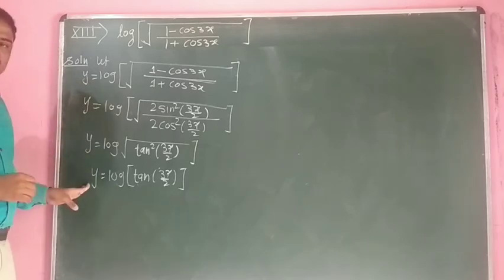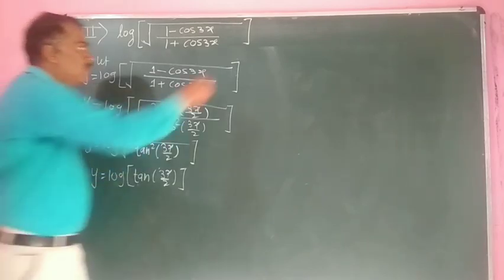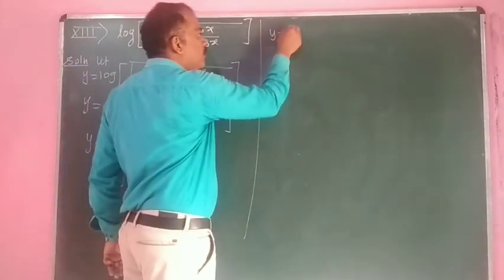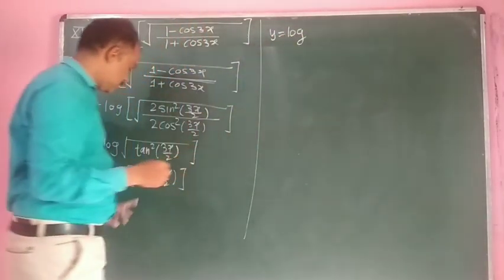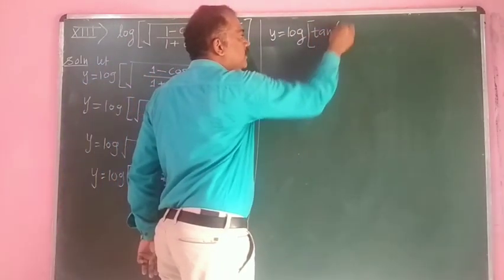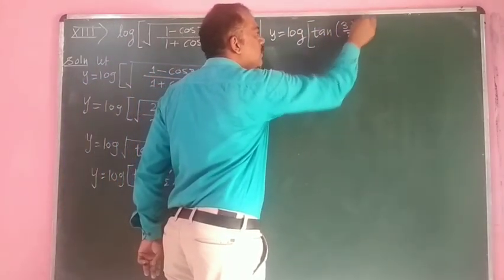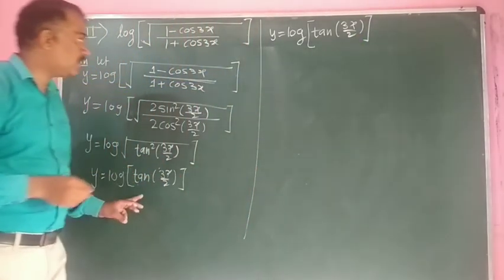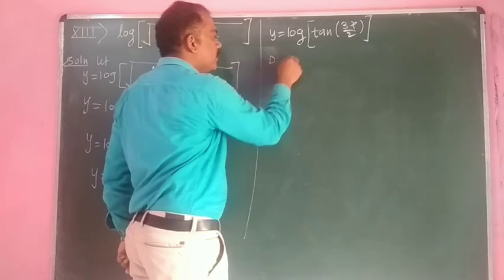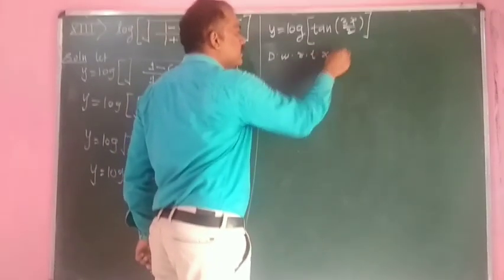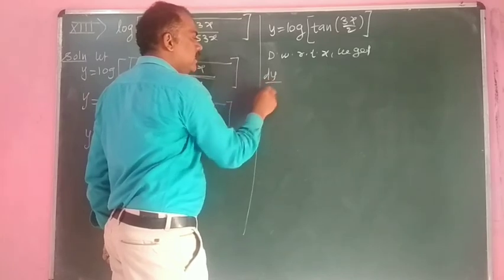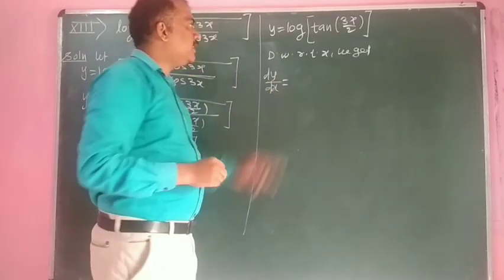Now we have to take the derivative of this: y is equal to log of tan of 3x by 2. First we differentiate with respect to x. dy by dx is equal to, first the derivative of log.